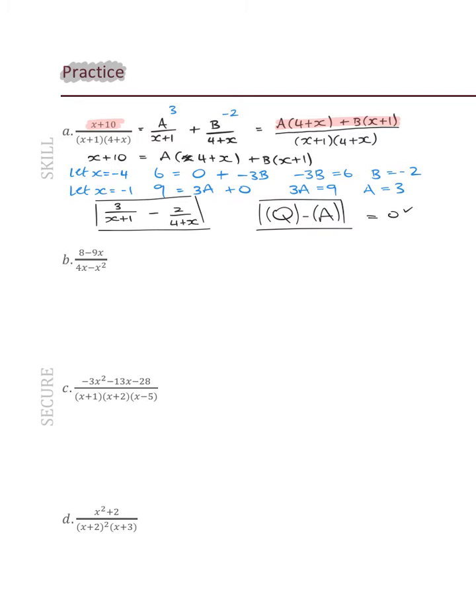Okay, question B. Now B is a little bit trickier to recognise because we have to factorise the bottom first. And then that gives me my two linear factors.